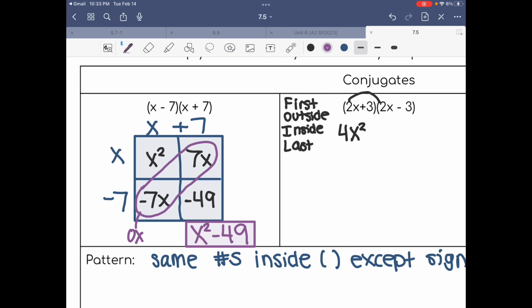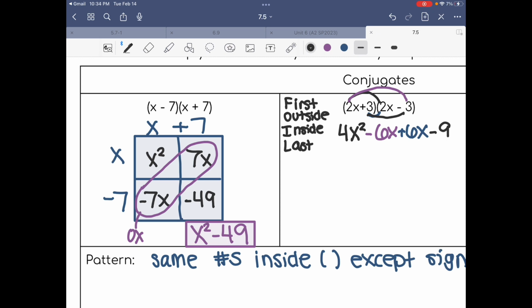Then outside is 2x and negative 3, the two terms that are closest to the outside. Well, 2x times negative 3, 2 times negative 3 is going to be negative 6. There's only one x this time, not squared. I stands for the inside two. 3 times 2x is positive 6x. And then the last two, 3 times negative 3 is negative 9.